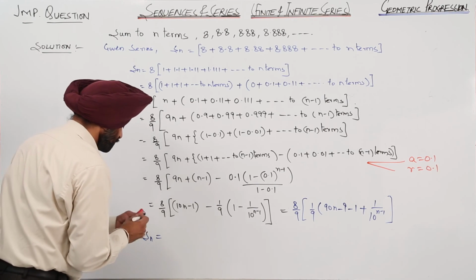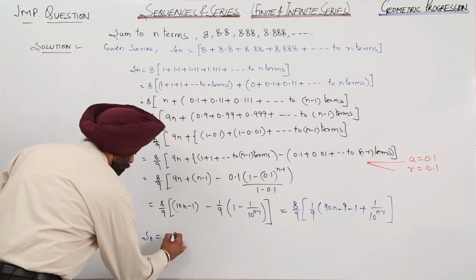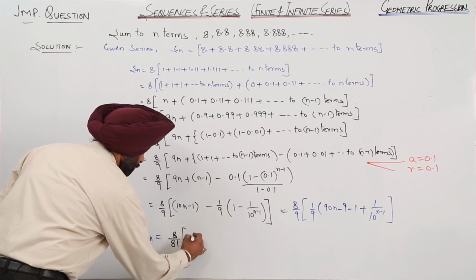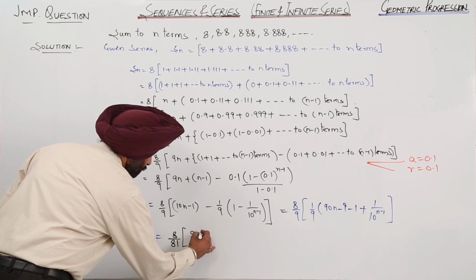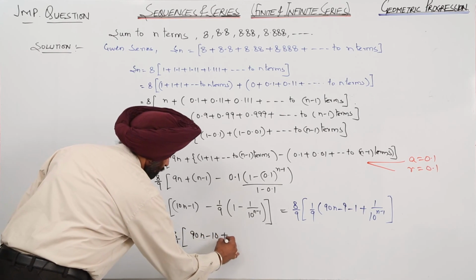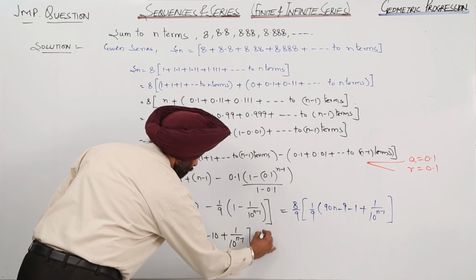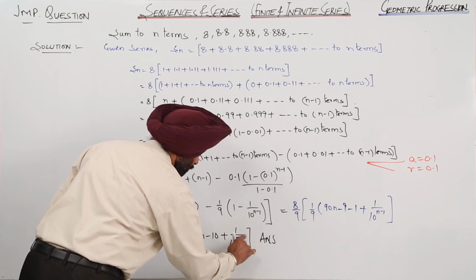Sn for the series now becomes 8/81 times (90n − 10 + (1/10) raised to power n minus 1). This is the answer.